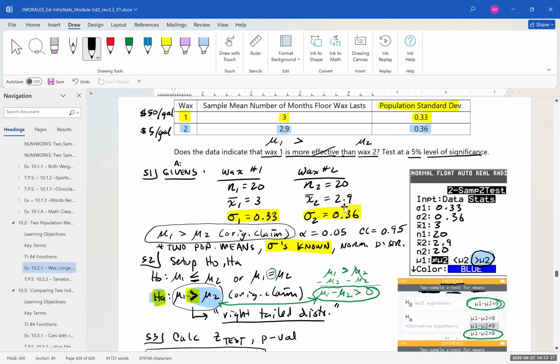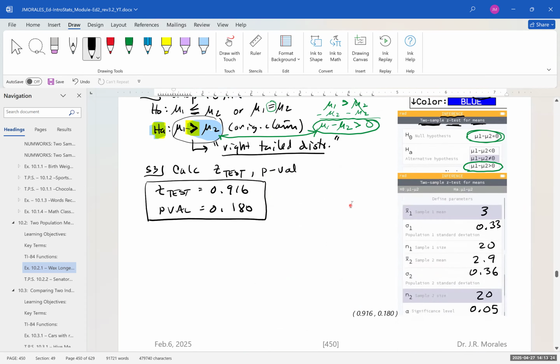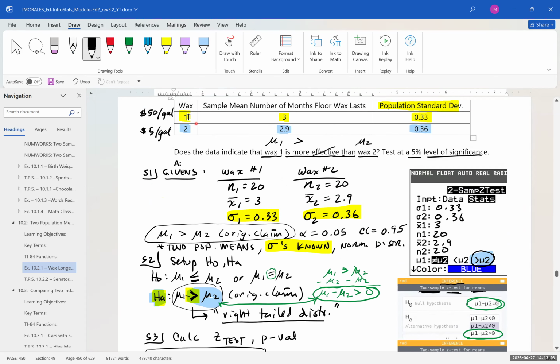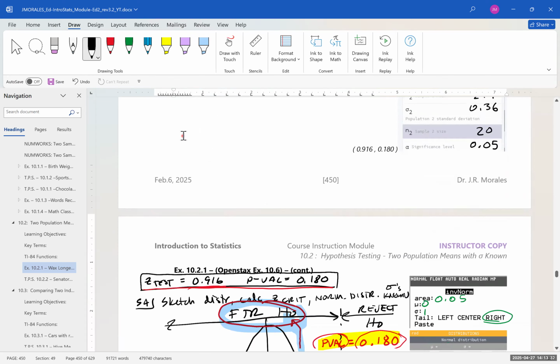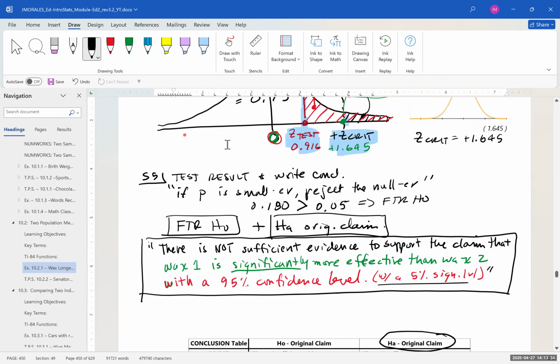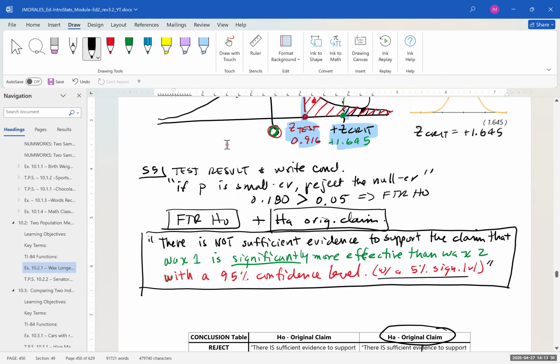All right. And I think I alluded to earlier that, what if wax one was $50 a gallon and wax two was $5 a gallon? And the purpose of this hypothesis test was to see if it's worth it spending 10 times more money for a more expensive wax. But here we said there is not sufficient evidence to support the claim that wax one is significantly more effective than wax two.